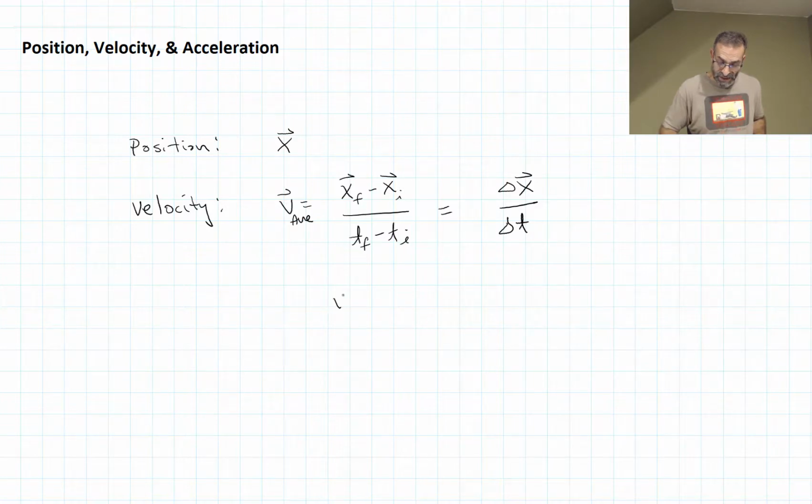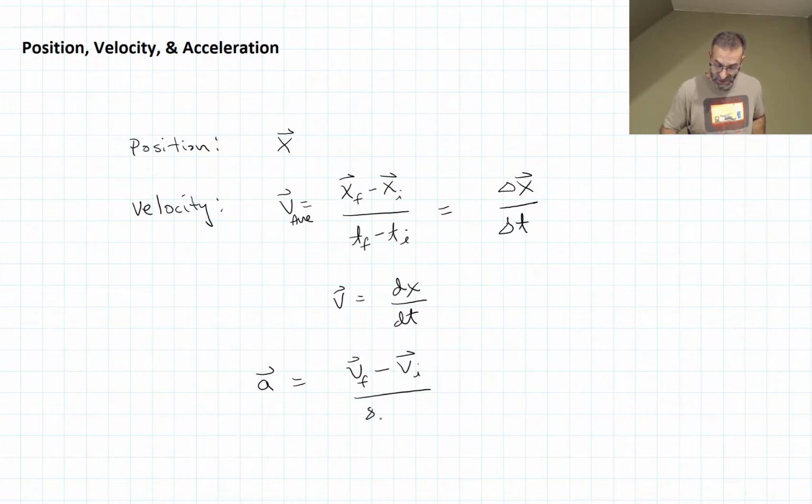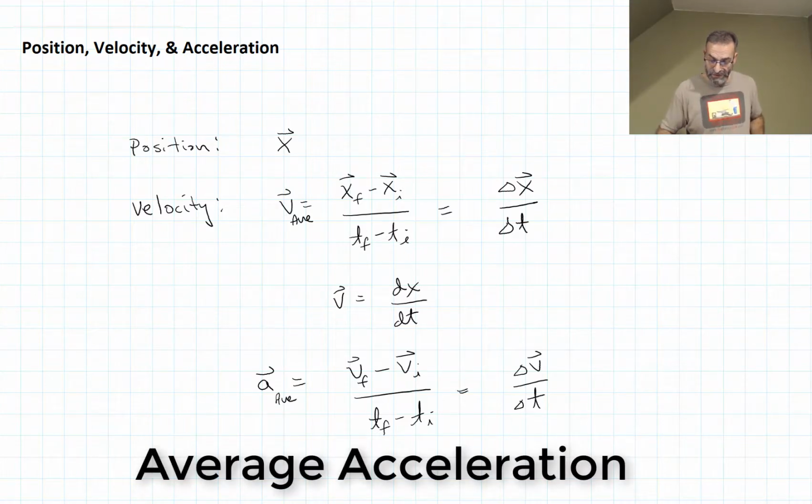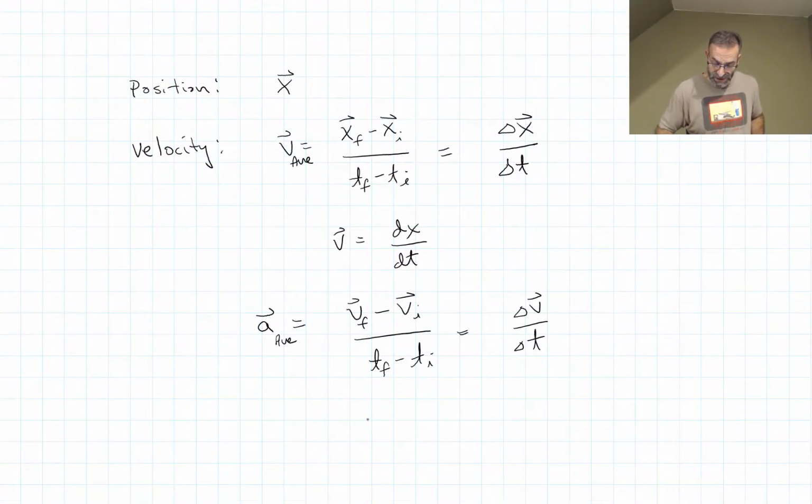If we want the instantaneous velocity, we take derivatives: the derivative of the position function with respect to time. And as we've said already, acceleration is the change in velocity over time. That would be the average acceleration, and the instantaneous acceleration would be the rate of change of the velocity with respect to time, dv/dt.